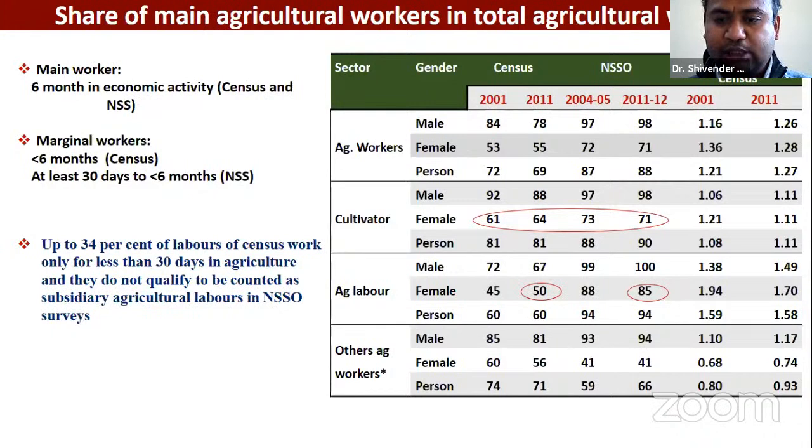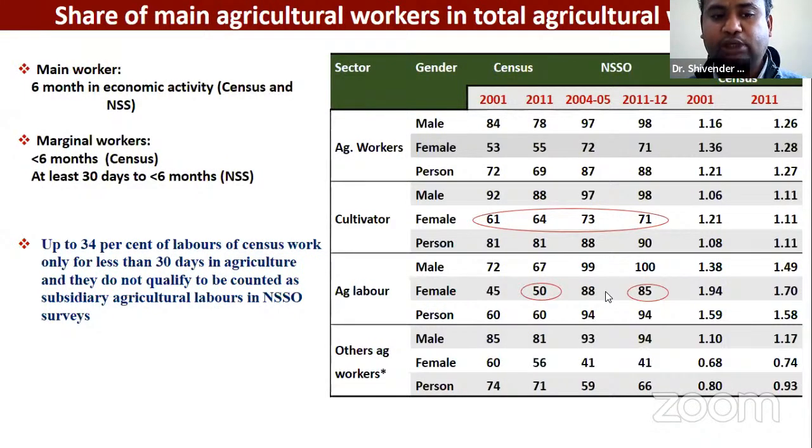Because of that, we can see a lot of variation between the estimates of laborers in the census and NSSO. We can estimate this from the ratio of main workers to total agricultural workers. As per the census, about 50% of the laborers were main workers, but in NSSO, 85% of the workers were main workers. It means marginal workers were fewer in NSS and more in the census.